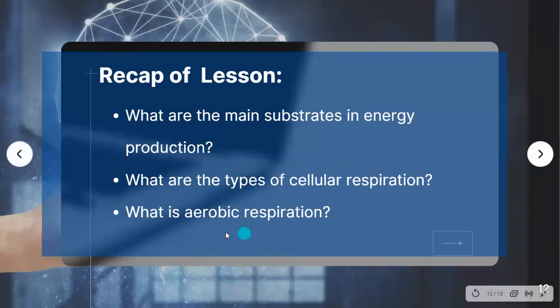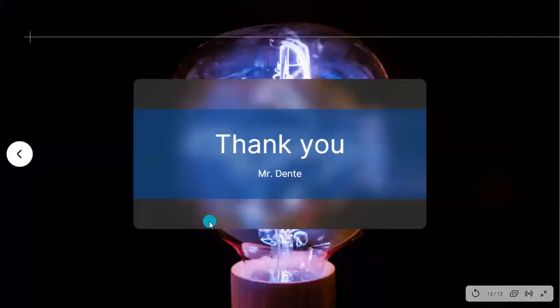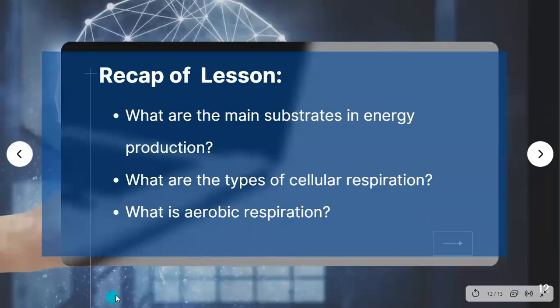We also talked about aerobic respiration, which consists of two phases. The first is glycolysis, the breakdown of glucose. Then they form pyruvate, and pyruvate undergoes oxidation, the second process, to form the final products, of which the most important is the energy, very high energy.